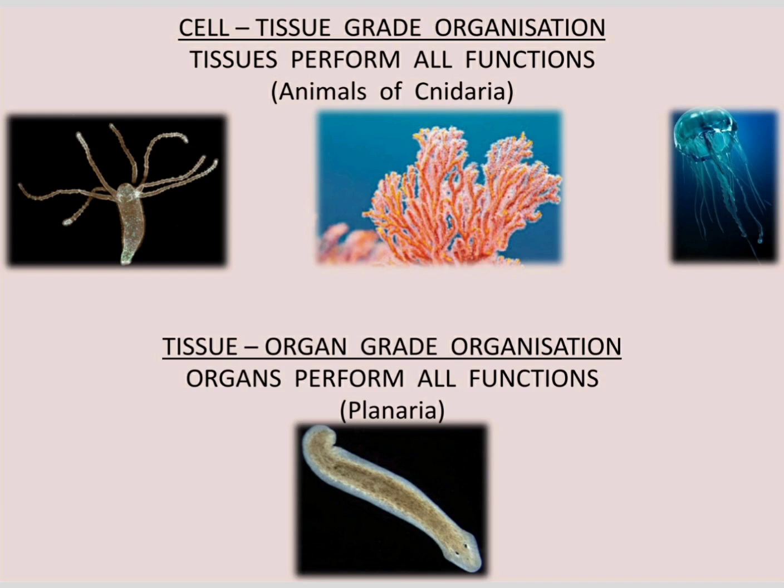Okay, so over here we are talking about cell tissue grade organization, which is seen in animals belonging to Cnidaria, and tissue organ grade organization, which is seen in an animal called planaria.